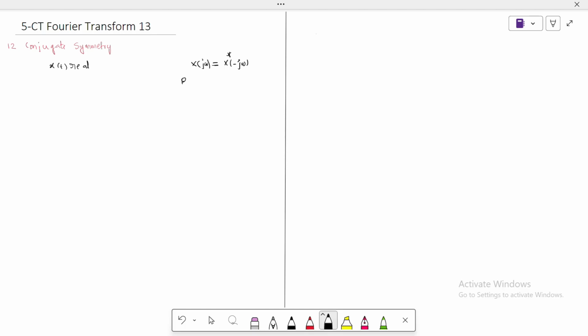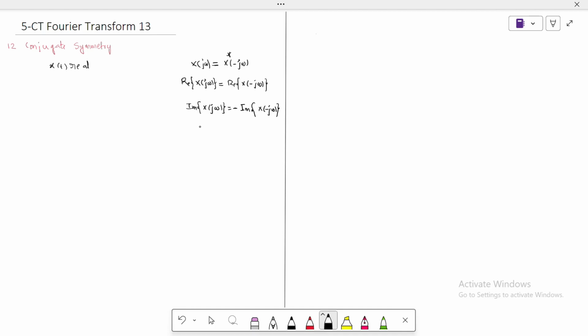So this is the case. The real part of X of j omega equals the real part of X of minus j omega. The imaginary part of X of j omega equals minus the imaginary part of X of minus j omega.